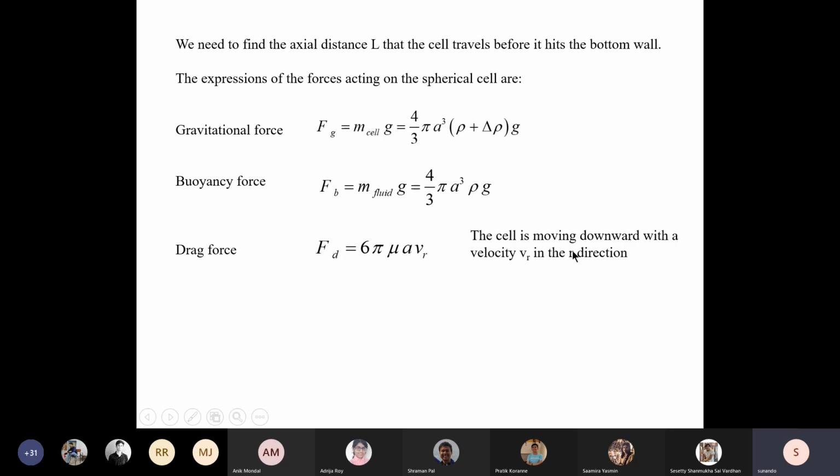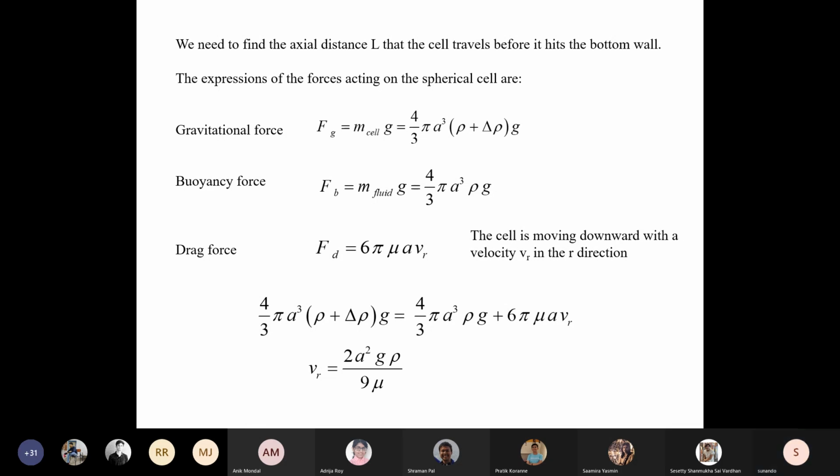That's what I wrote, that the cell is moving with a velocity Vr in the R direction. And as we have identified, the equality would give me an expression for the velocity with which the cells are falling in the fluid. Fine. And so far in our analysis, what we have shown in this page, there is no mention of any flowing fluid.